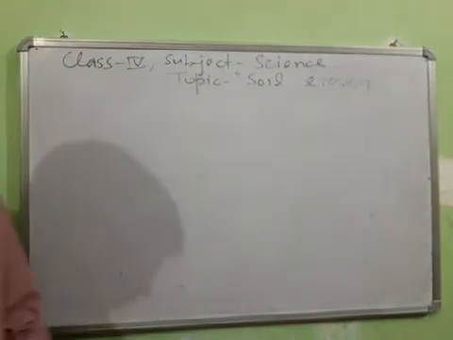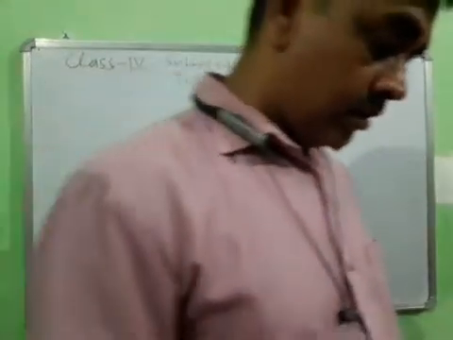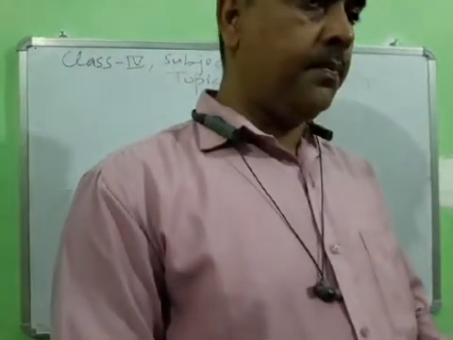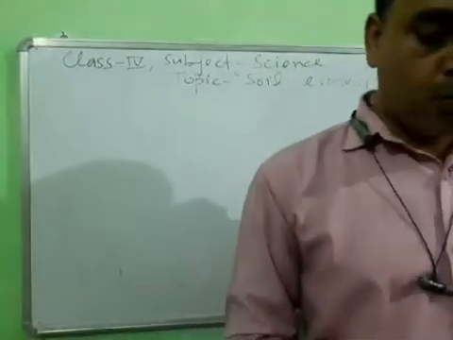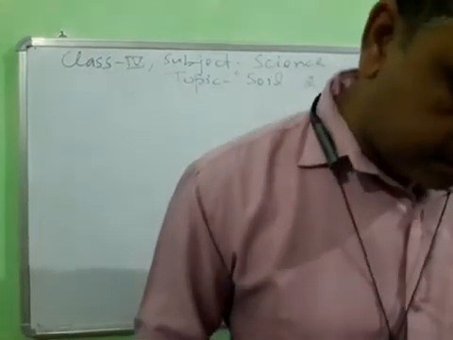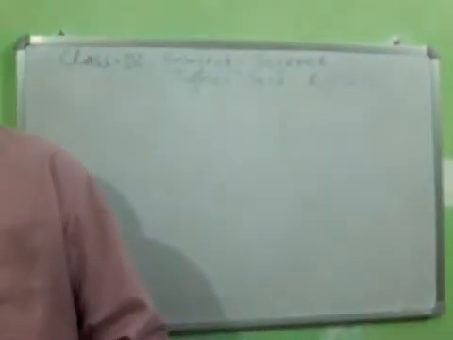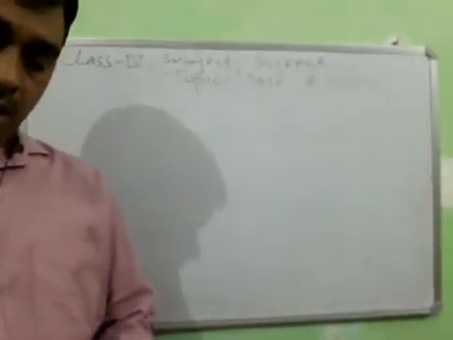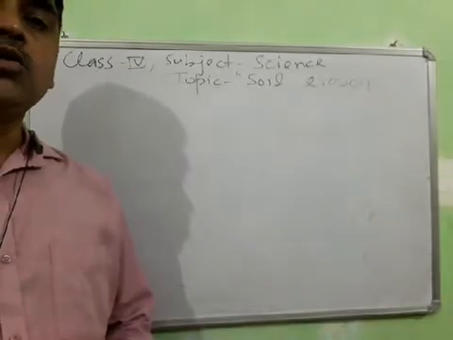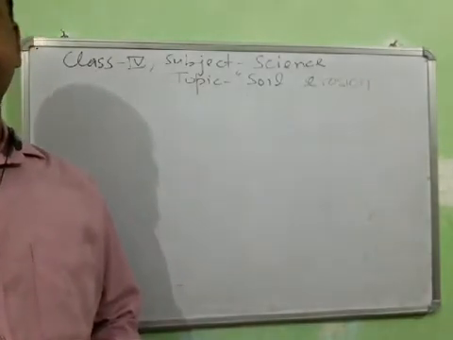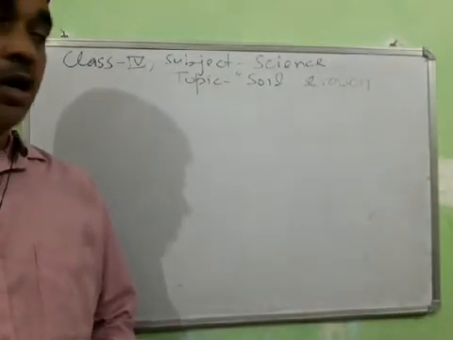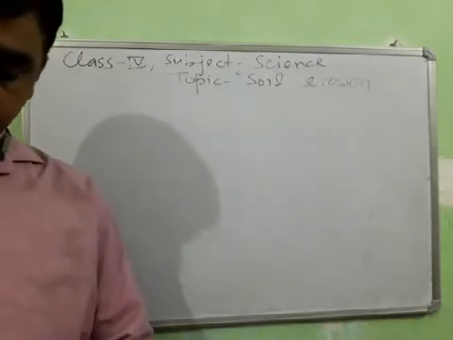Student, the topmost layer of soil, when this soil is removed by any agent, this is called soil erosion. It means the erosion of topmost soil by wind, water and air is called soil erosion.